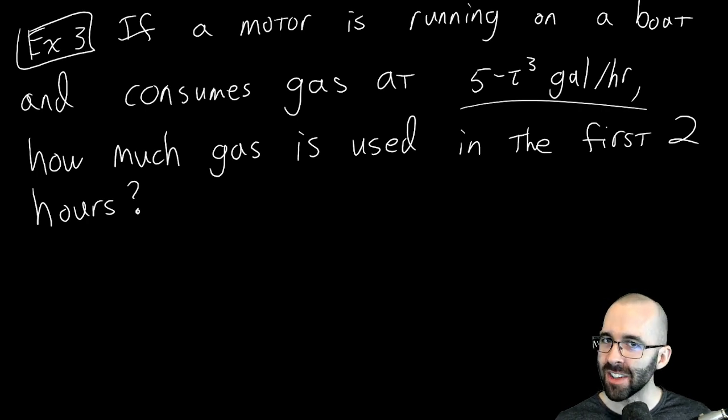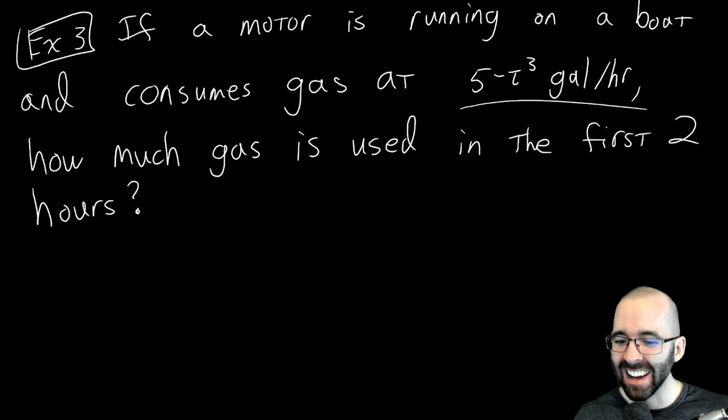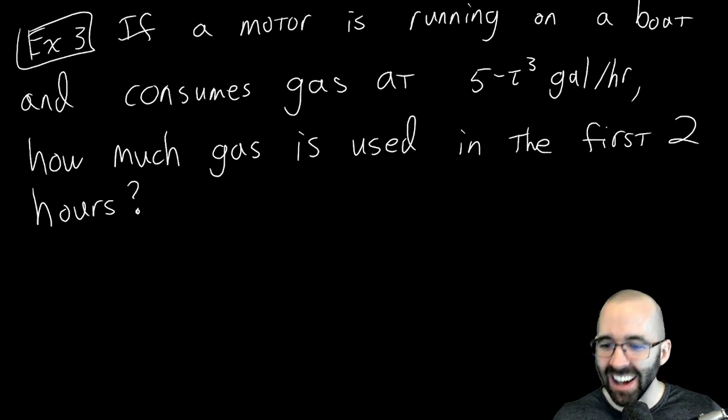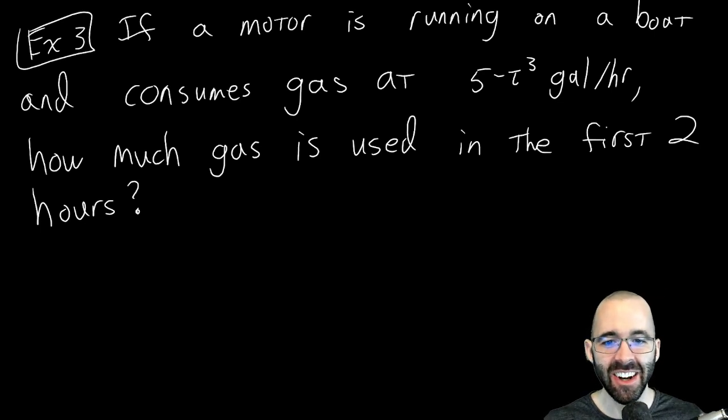I guess maybe we're filling up the tank at that point. This seems a little fishy. Let me just double check the original problem. I'm taking these from the book. And nope, that's what it wants.